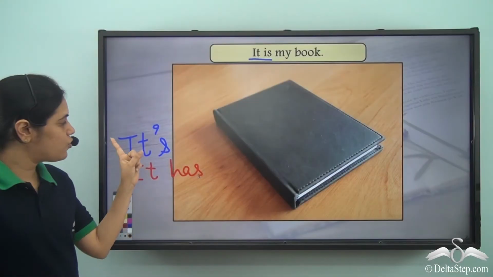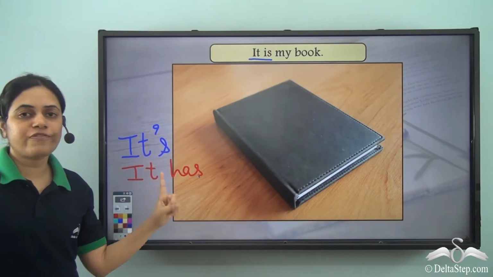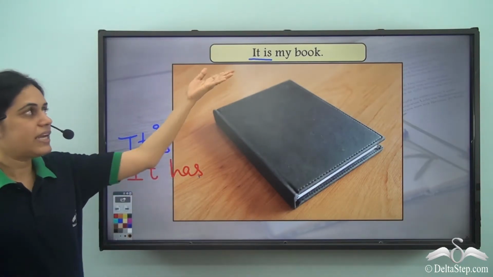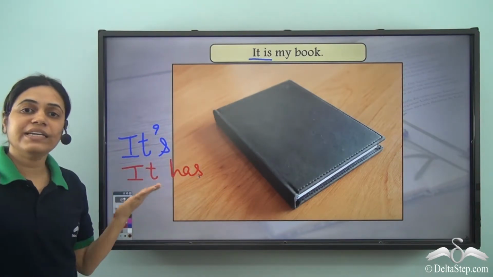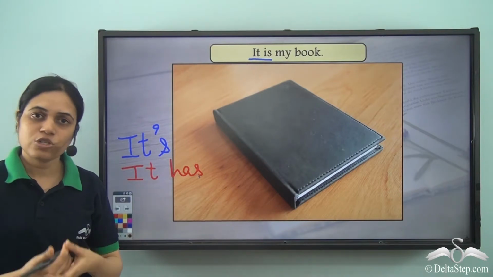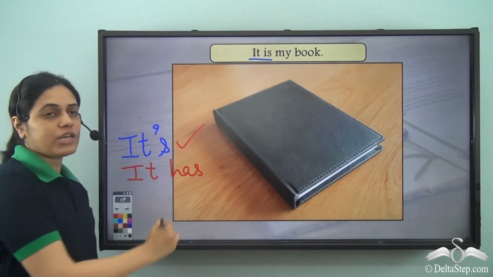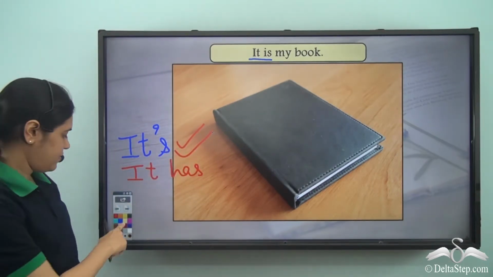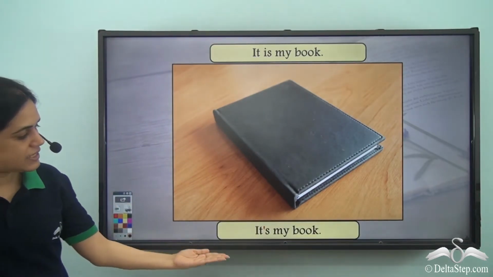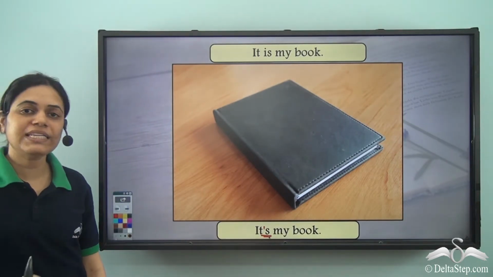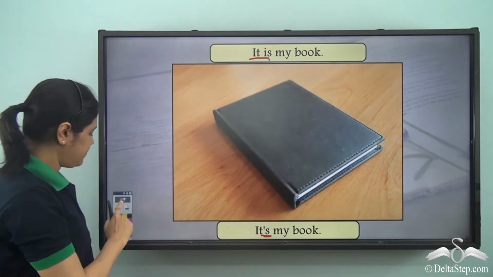So whenever you have it apostrophe s, it can be interpreted in two ways: it is or it has, depending upon the meaning of the sentence. So at times it is used for it is, at times it is used for it has. It's my book. It's is the short form for it is over here.